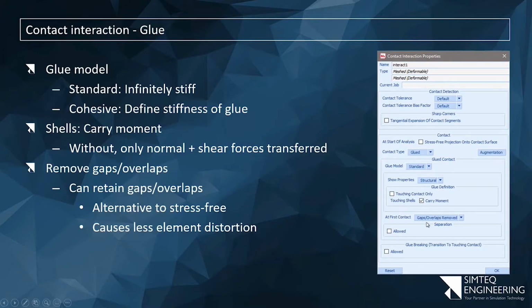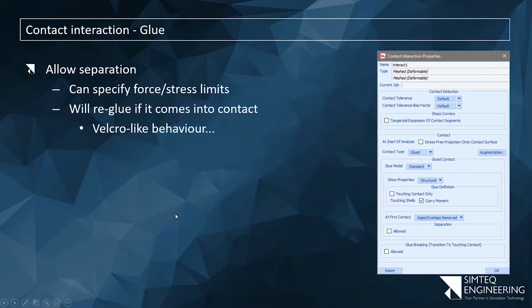So it's just an alternative method. In terms of the results, it should be nearly identical. I say nearly because that little bit of overlap that we're retaining effectively removes a little bit of material, but that's it. Okay, so the next section is separation.